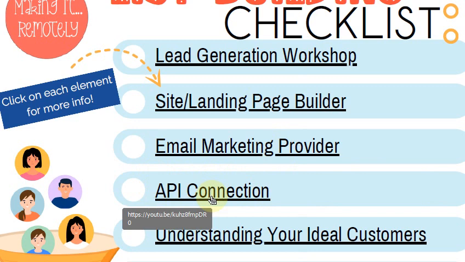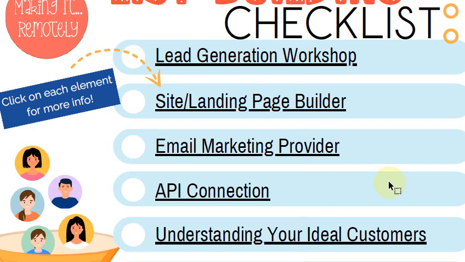This connection is going to enable your site builder or your landing page builder to talk to your email marketing provider, because your email marketing provider is going to be storing all these emails and names and things like that. That's what your email marketing provider does. They store all those pieces of information for you.